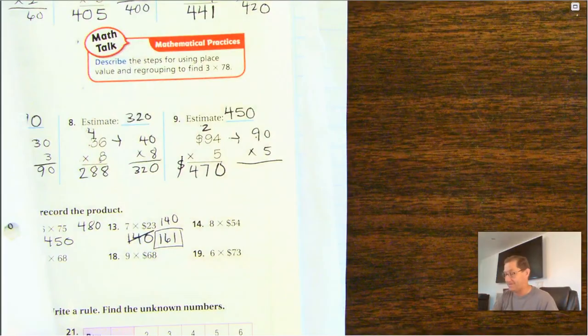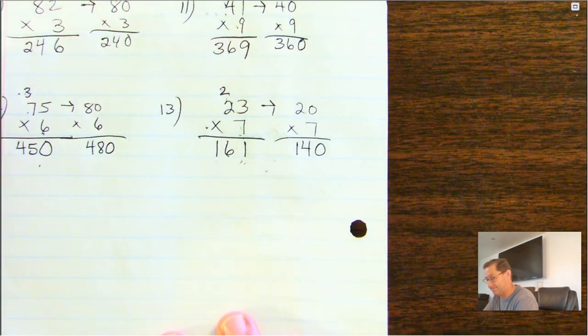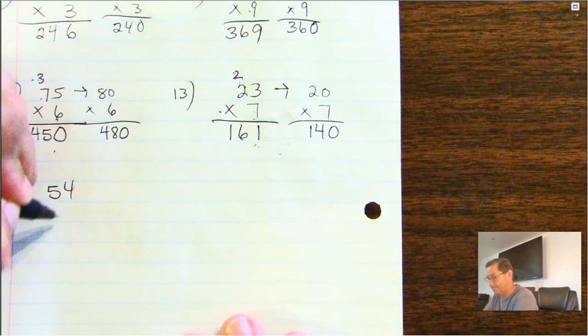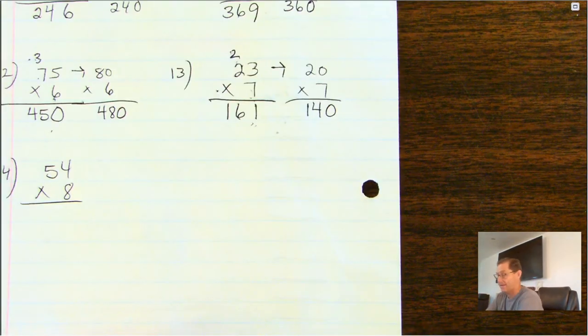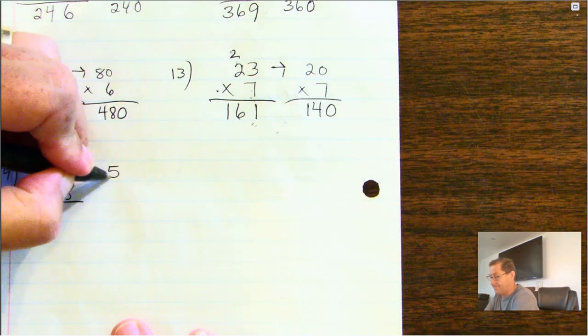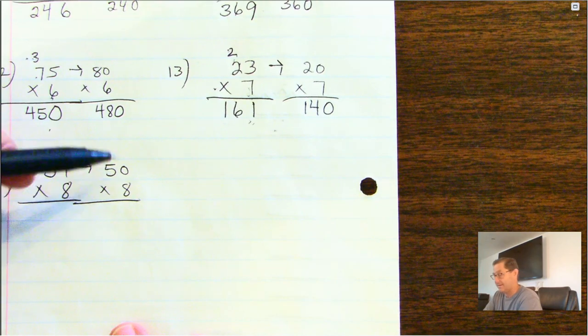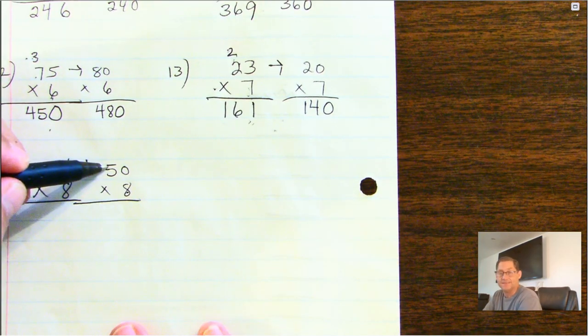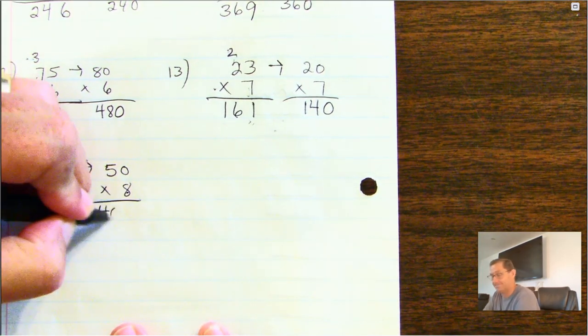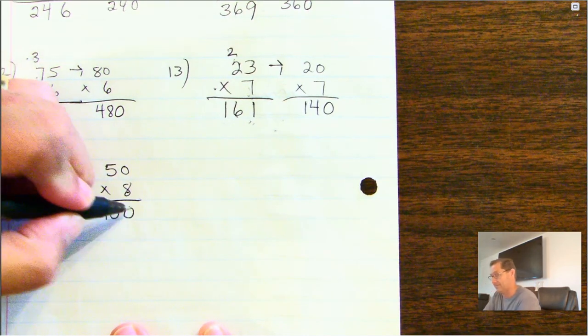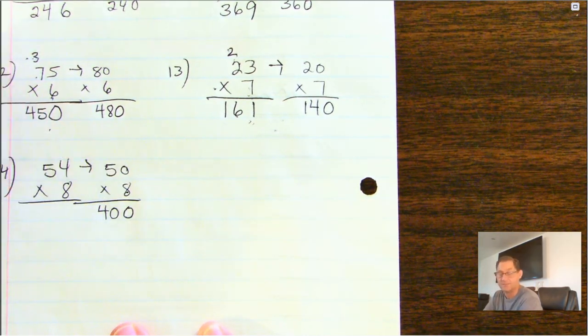Number 14, 54 times 8. 54, I'd round down to 50. 8 times 5 tens, that's 40. And we're going to put the 0 from the tens. So we have 40 tens, 400.